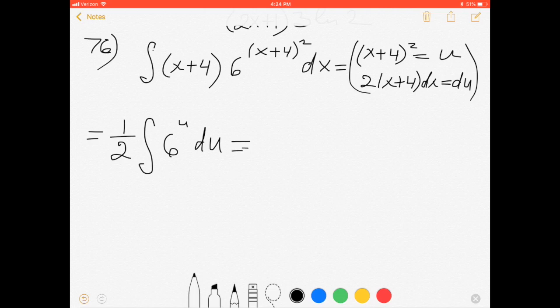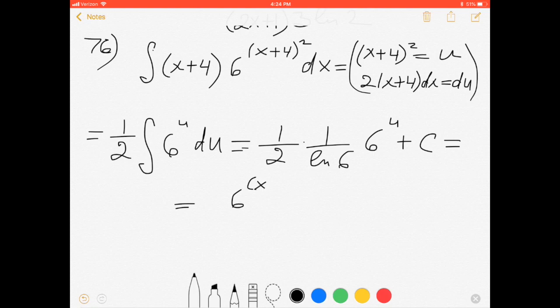By the exponential function integral, we have 1/2 times 1 over ln 6 times 6 to the power u plus c. Going back, we have 6 to the power (x plus 4) squared over twice natural logarithm 6 plus c.